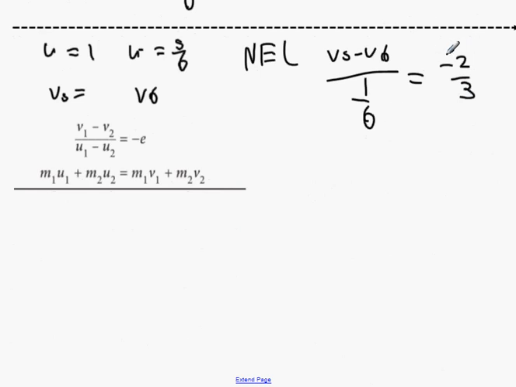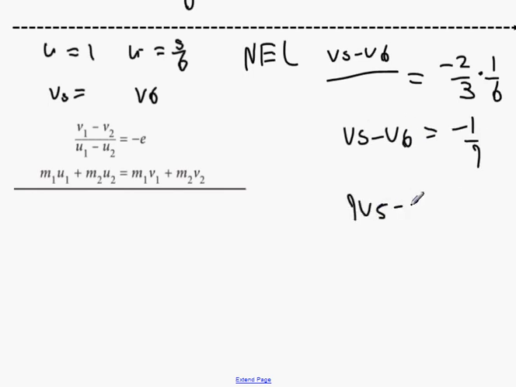Bring up the sixth and multiply it. What do we get? Minus the ninth, because the 6 goes up there, so it's going to be V5 minus V6 is minus 1/9. That's going to be 9V5 minus 9V6 ends up to be minus 1.